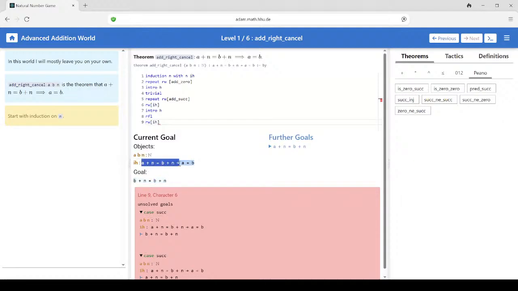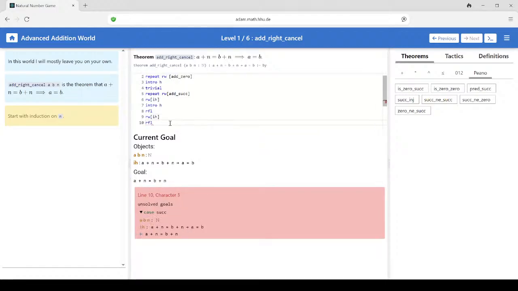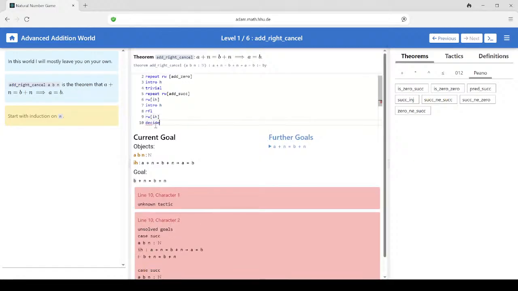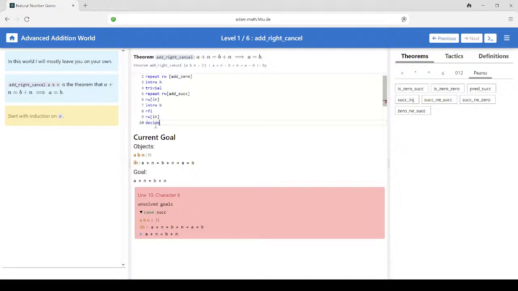This claims that A equals B. And then when I try to do that, it just goes back to where it was. A plus N equals B plus N. That just gets me back there again.